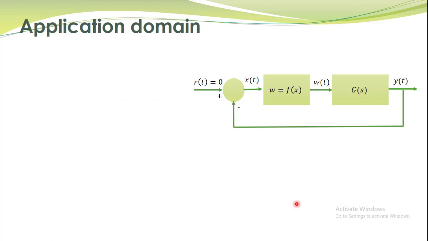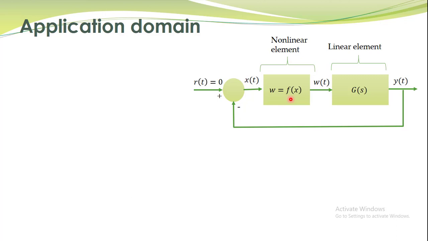This approach is applicable to nonlinear systems which can be described in this particular form. That is, the major part of the system is linear, which is described by a transfer function, and then there is one nonlinearity in the system.